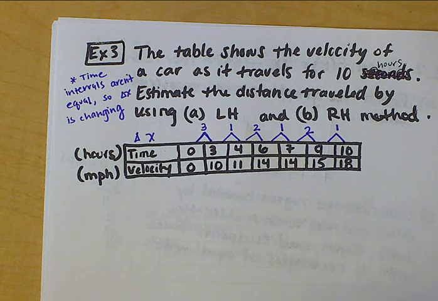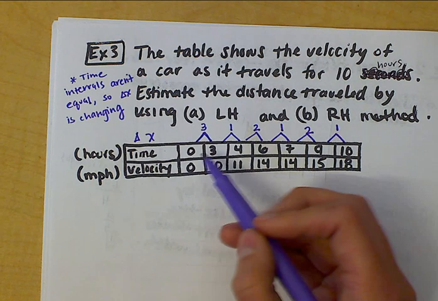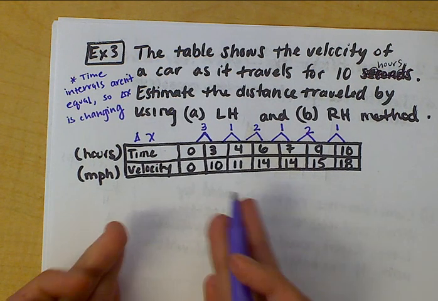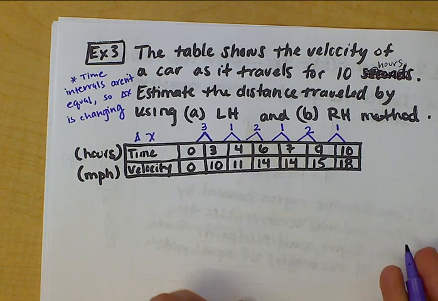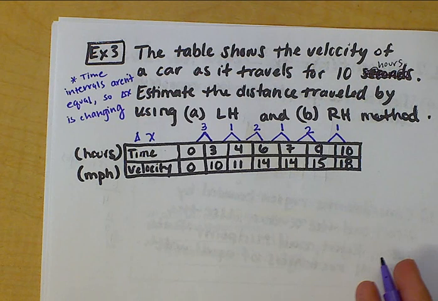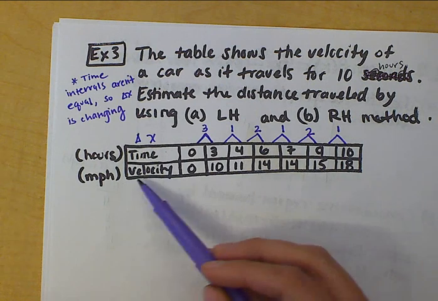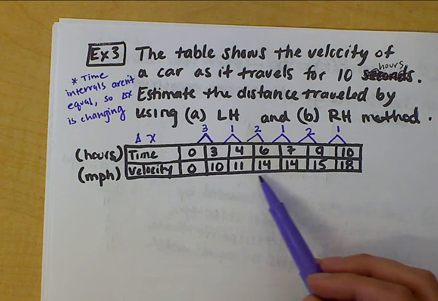If I were to graph this, I would label 0, 3, 4, 6, 7, 9, 10 on the x-axis, and then I'd have a width of 3, a width of 1, a width of 2, a width of 1, 2, and 1. Okay. And then here is the velocity. This is my outputs.